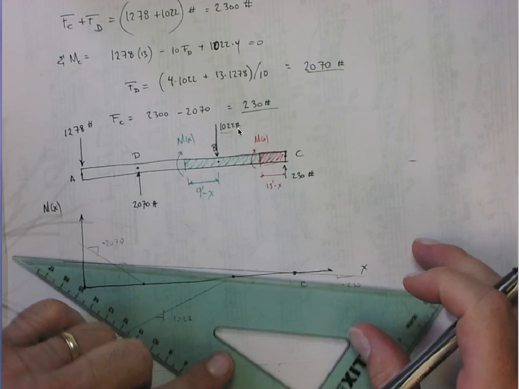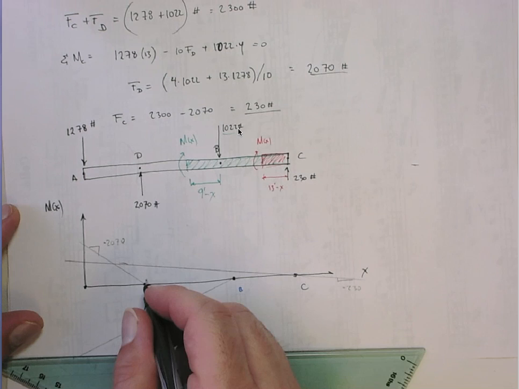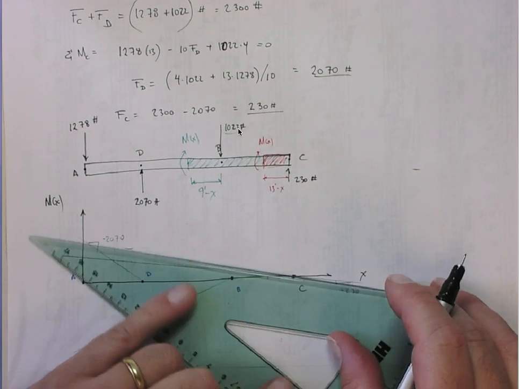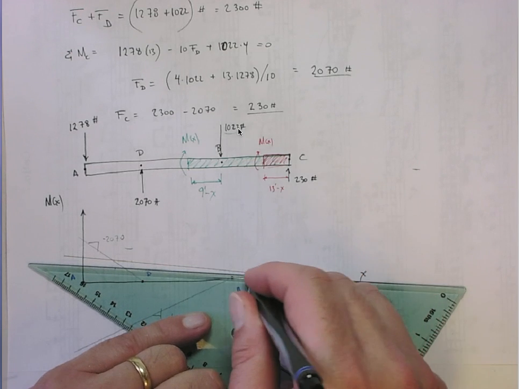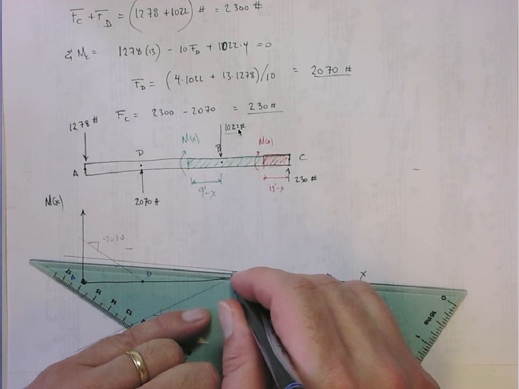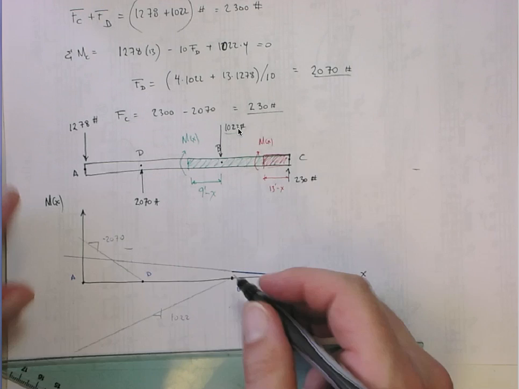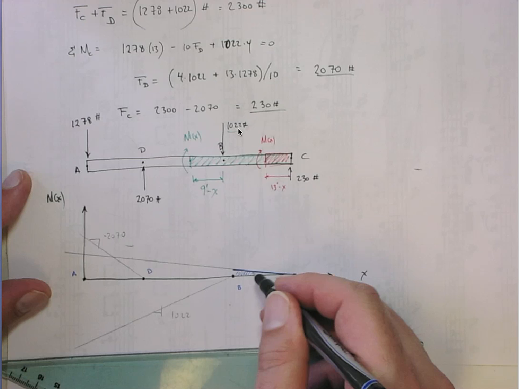This is point B, this is point D, and this is point A. So from C to B, we just see, right? That becomes the moment diagram.